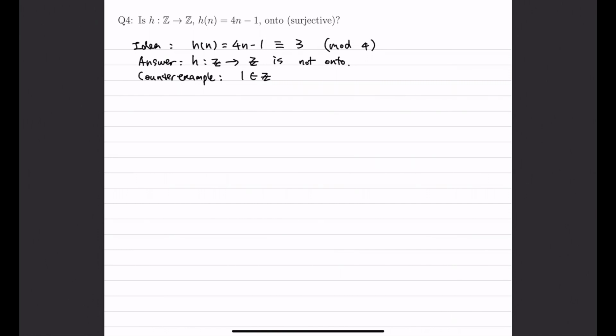So 1 is in the codomain, but if we let h of n, which is equal to 4n minus 1, equal to 1, then n will be equal to half, which is not an integer.